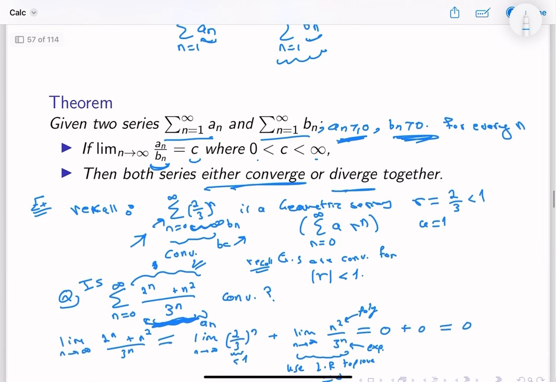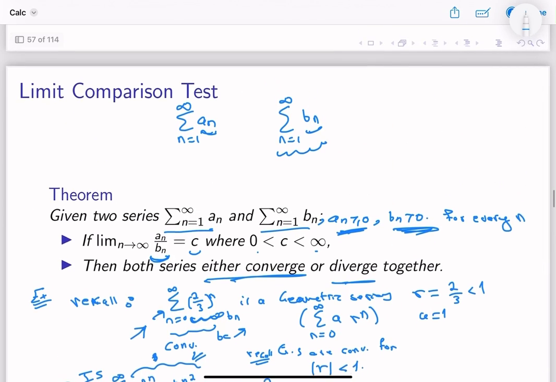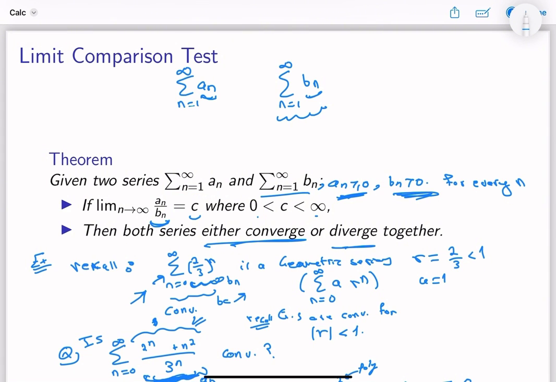So we go back to the limit comparison test and look at what it tells us. You have two series. One of them you know something about, and the other you don't, right? In our case, we know that the sum of the b_n's is convergent. And look at what the theorem is telling us.